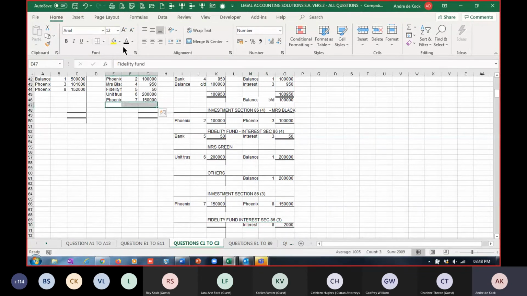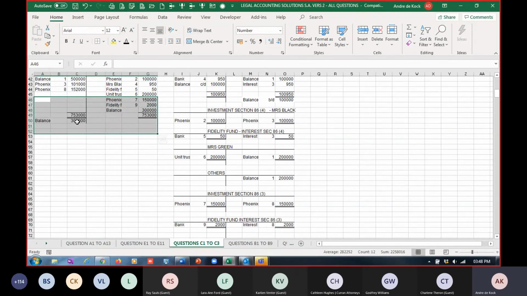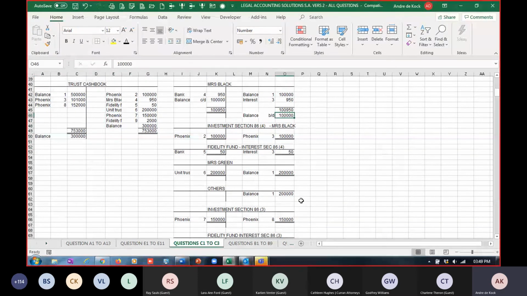The Fidelity Fund, and we debit the Fidelity Fund with the 2,000. What money have I now got left in the bank account? I've got 300,000, which is represented by the 100,000 that I owe Mrs. Black and the 200,000 that I owe others. Does that make sense? Are there any questions on that?